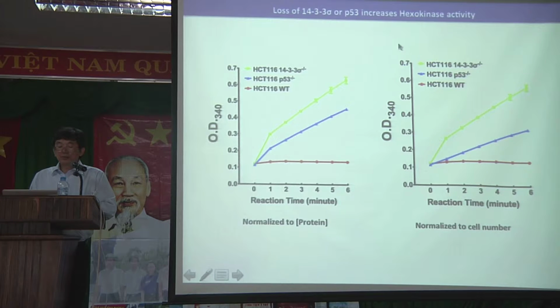For example, here, using optical density to measure the products, you can measure the rate of the reaction of a particular enzyme. Here, they're measuring the hexokinase activity. You can see that by changing the genes of the cells, by deleting p53 or deleting 14-3-3 sigma, the activity of the hexokinase is affected to different degrees.